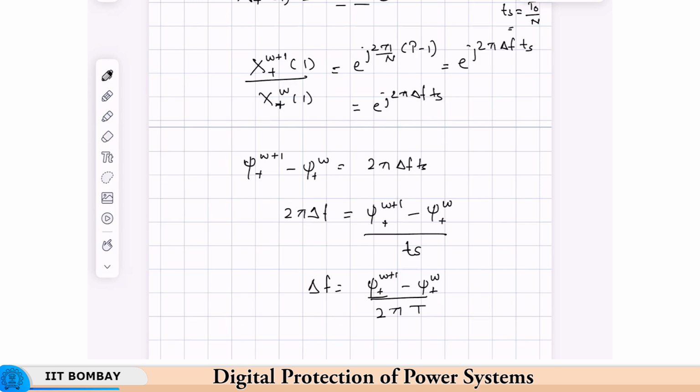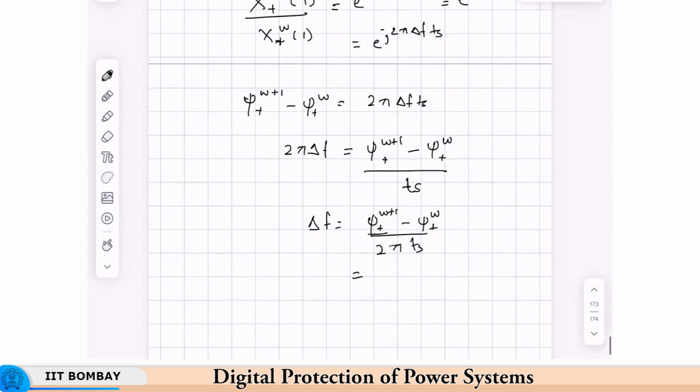this will then become, let us keep this as ts, upon 2 pi into t.